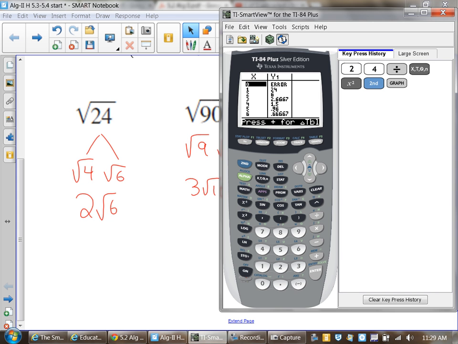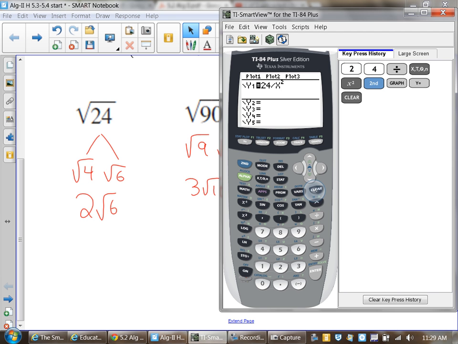If I'm scrolling through there, the smallest positive integer I get is a 6, correct? What's the number to the left of it? 2 root 6. 2 root 6.